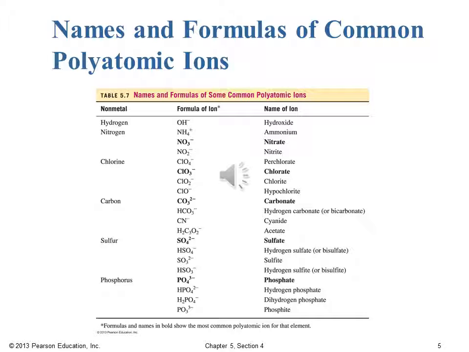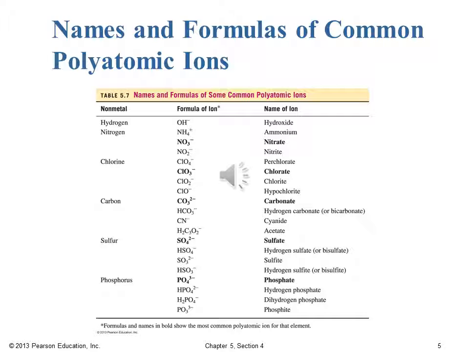For carbon, we have carbonate, and then if we add a hydrogen there, we now have hydrogen carbonate. Notice adding that hydrogen also decreases the charge by 1. So carbonate is a 2 minus, HCO3, hydrogen carbonate or bicarbonate, is just a 1 minus. Cyanide is another very toxic but possible polyatomic, with carbon now being bound to nitrogen as CN minus 1.